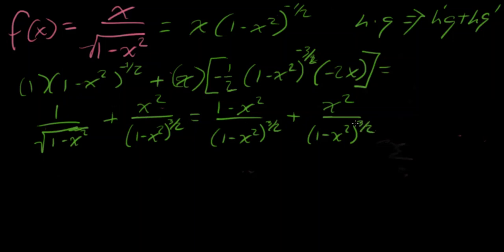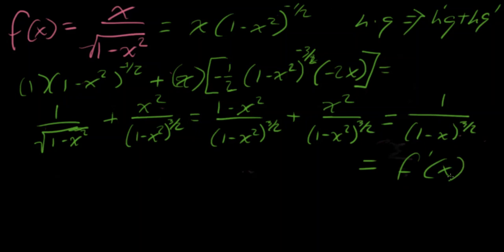Now we've got a common denominator. Notice I've got a negative x squared and a positive x squared, so those cancel. And I end up with what I had earlier, which was the 1 over 1 minus x squared to the 3/2 power. And that, again, was our f prime of x, using both the quotient and the product rule.